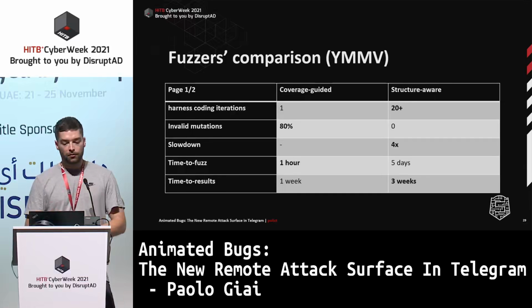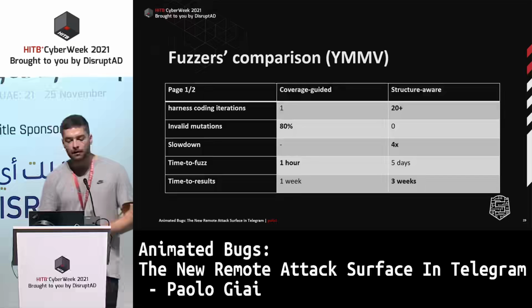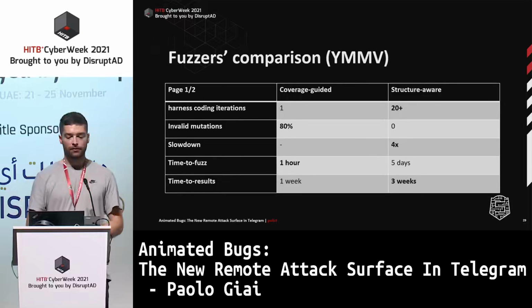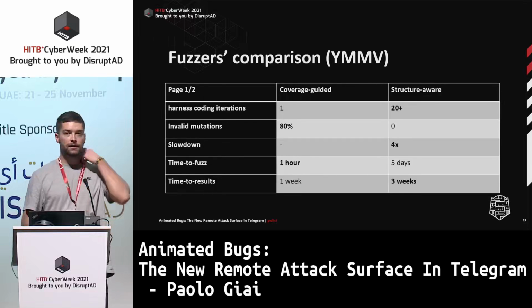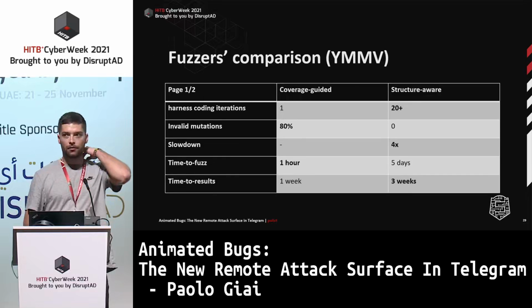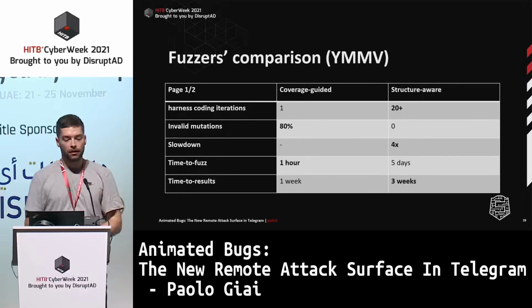In the last two rows of this page, as you can see, the time is of course really different, since with coverage guided, I just needed to download quite a bunch of animated stickers from Google and then run it after I wrote those 5 lines of harness. While with structure aware, I needed to, as I said, write all of this grammar and conversion logic, which took quite some time.